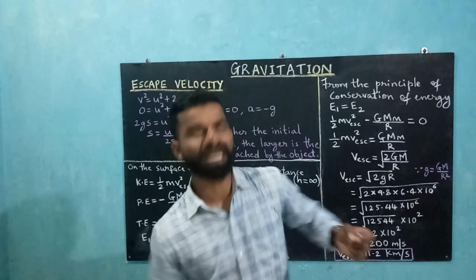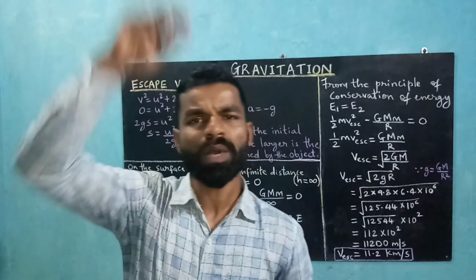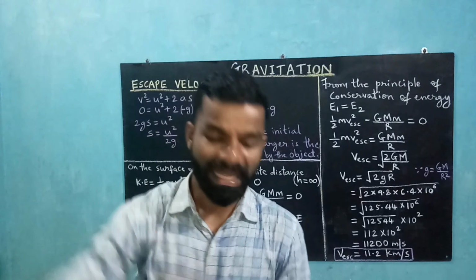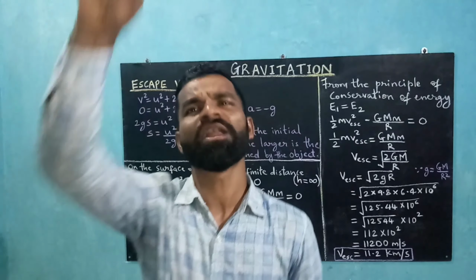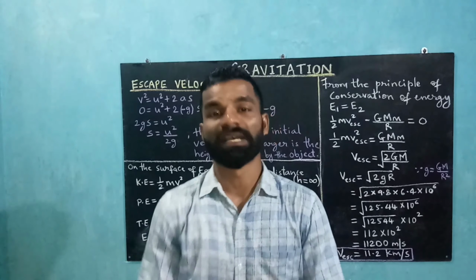So whenever the object is thrown up against it, its velocity goes on decreasing, and at a certain height the velocity of the object becomes 0. So that is the maximum height which the object attains, and then the object starts falling down towards the center of the earth or the surface of the earth.